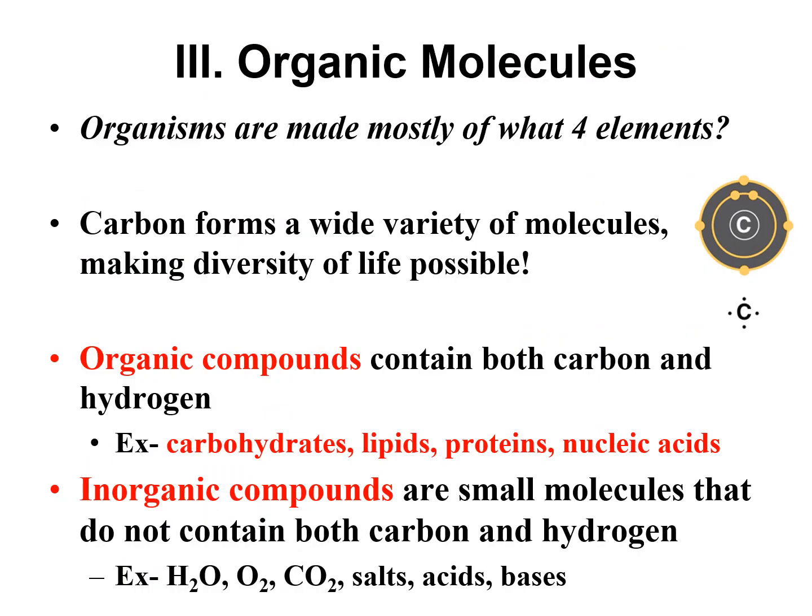All right, and then just to introduce organic molecules. Organisms are made up of mostly 4 elements, which are hydrogen, oxygen, nitrogen, and carbon. The way I remember that is HONC, with a C, not a K. If you remember HONC with a C, those are the 4 elements that make up most of organisms.